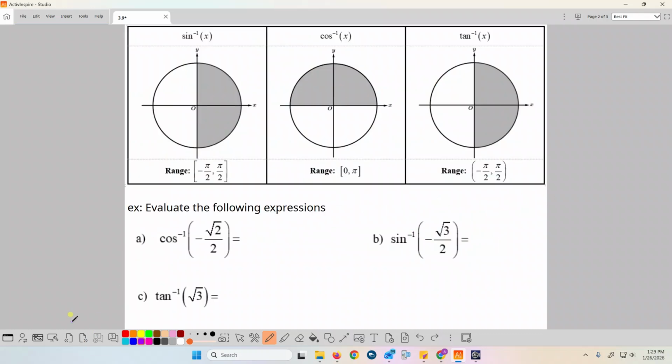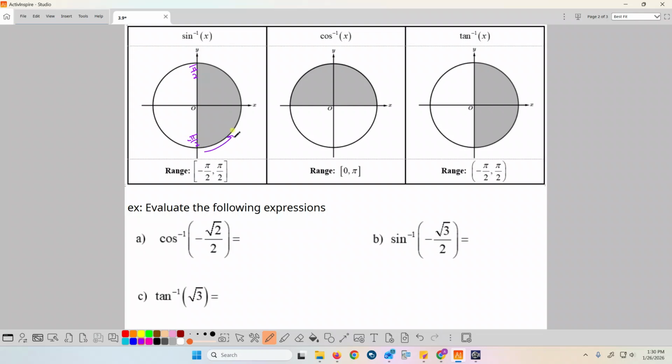Here we go. You can see with the sine function, when we talk about the inverse sine, that's our arc sine, we see here that this is the restricted region, okay? Now that goes from -pi/2 all the way to pi over 2, okay? So let's put here -pi/2 all the way to pi over 2.